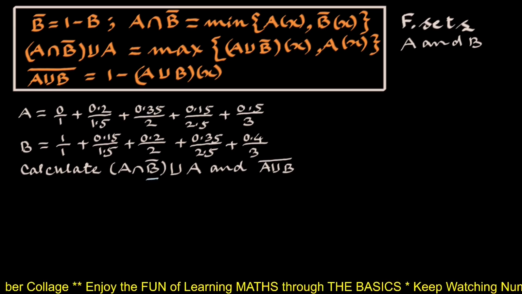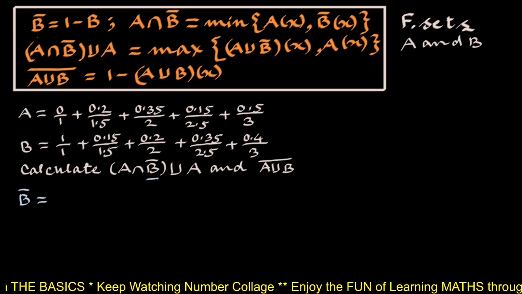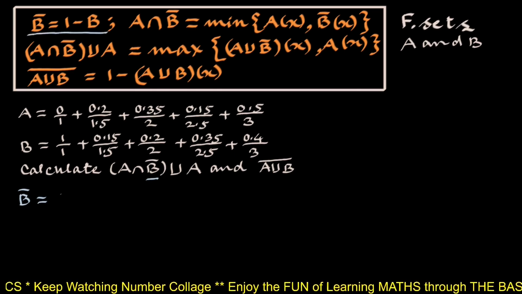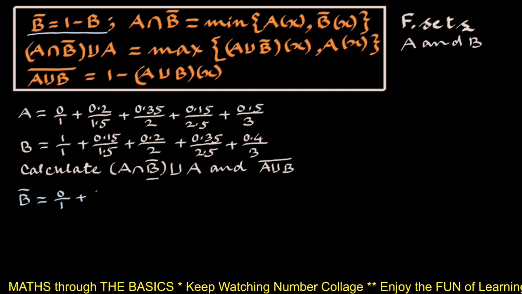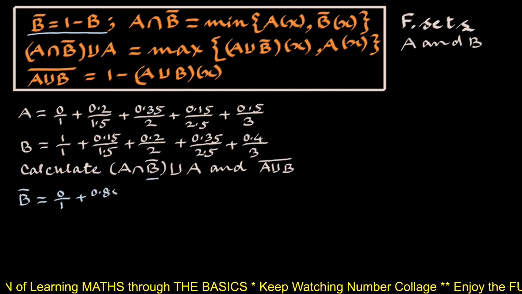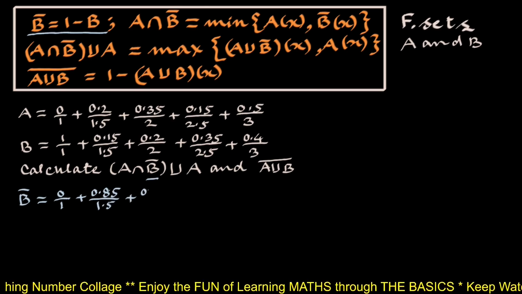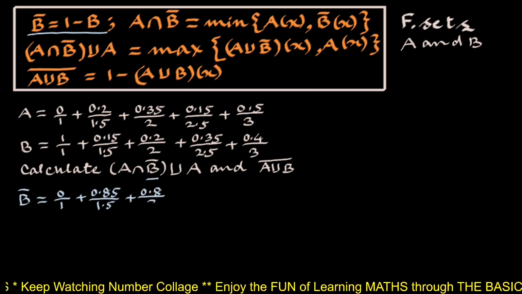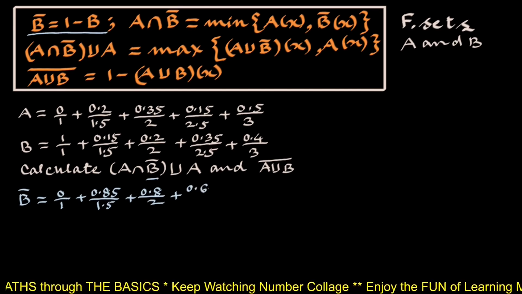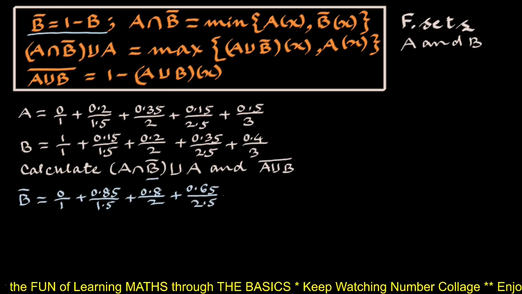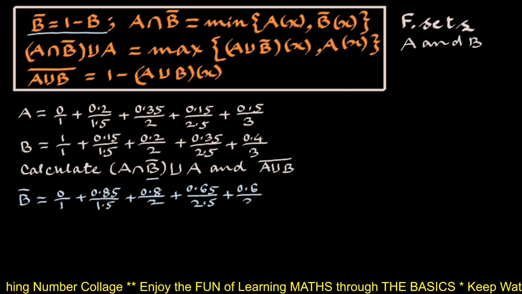Since there is B bar here, we have to find B bar, which according to this rule will be 1 minus 1, 0 upon 1, plus 1 minus 0.15, 0.85 upon 1.5, plus 1 minus 0.2, 0.8 upon 2, plus 1 minus 0.35, 0.65 upon 2.5, plus 1 minus 0.4, 0.6 upon 3.